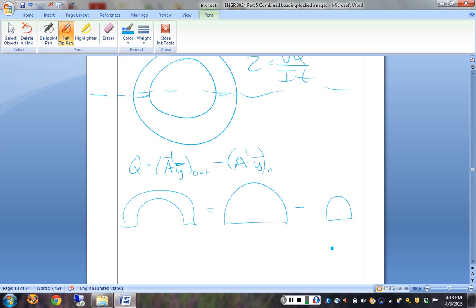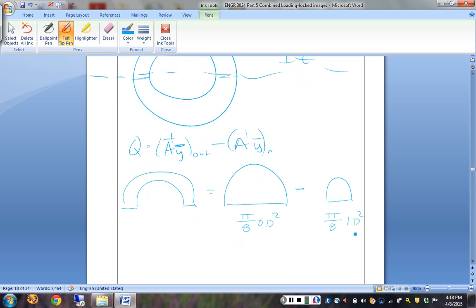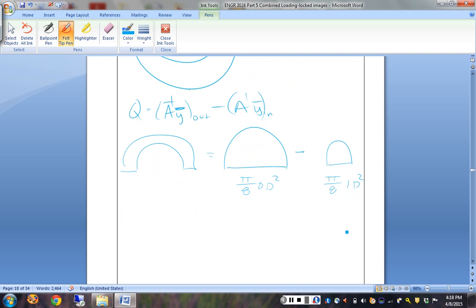What's the area of a circle? Pi r squared, or pi over 4 diameter squared. So what's half of it? Pi over 8 OD squared minus pi over 8 ID squared. Clever that. See, tricky ways to think of things.